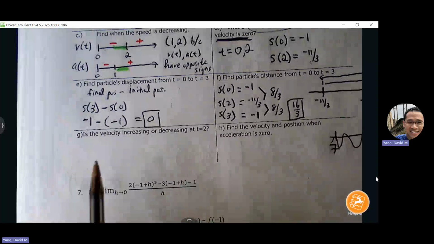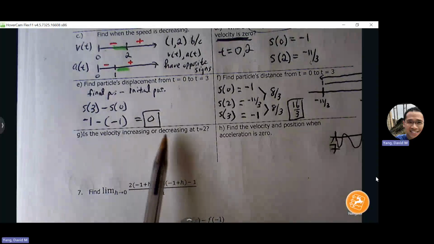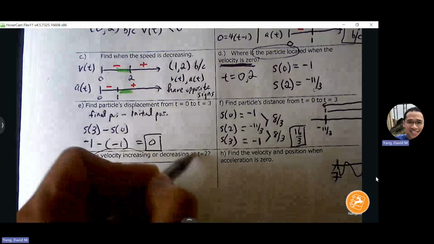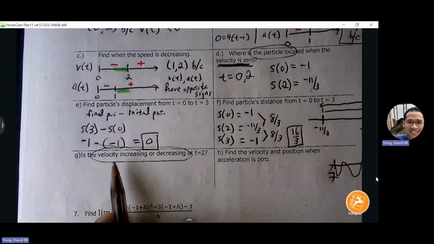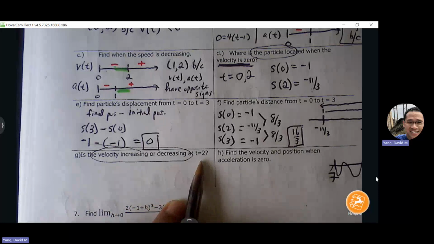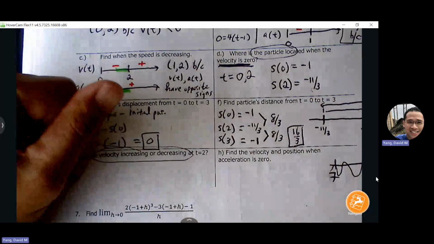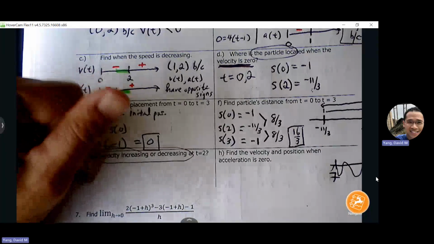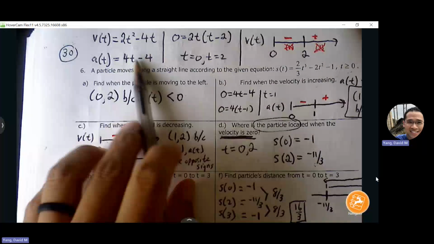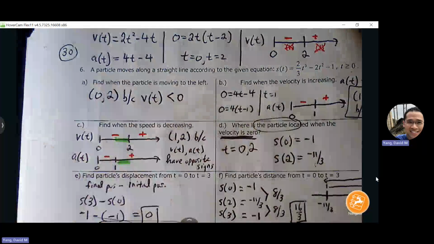Okay, part G, is the velocity increasing or decreasing at t equals 2? Okay. What is this asking? Careful. Is it asking about velocity? Yep, so it's acceleration. So it's basically saying what's happening with acceleration at 2. So let's plug 2 in for acceleration. 4t minus 4, that's my acceleration function.